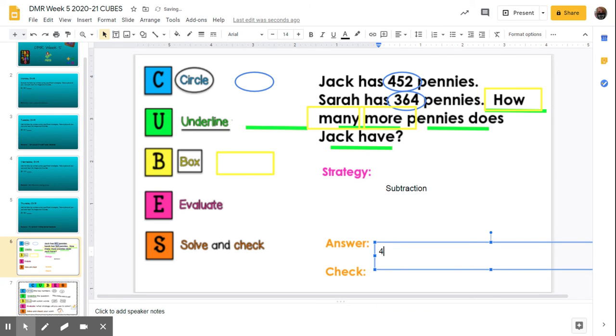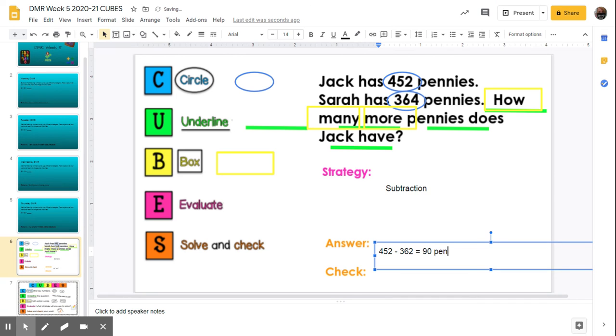I'm probably going to want to use my whiteboard. 452 minus 362 equals, and we're going to need to figure out our answer. When I take 452 minus 362, I get 90 pennies.